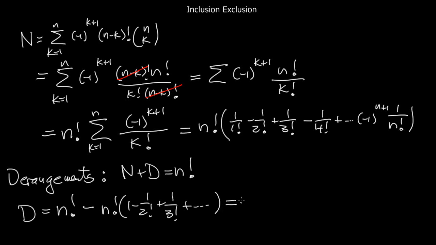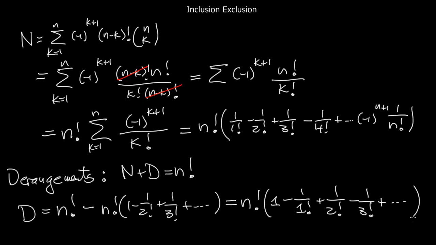If I just combine the two terms, I get n factorial times 1 minus 1 over 1 factorial plus 1 over 2 factorial, and so on down to the last term, plus or minus 1 over n factorial. These first two terms cancel and give 0, but it's a little bit nicer just to keep them like this.